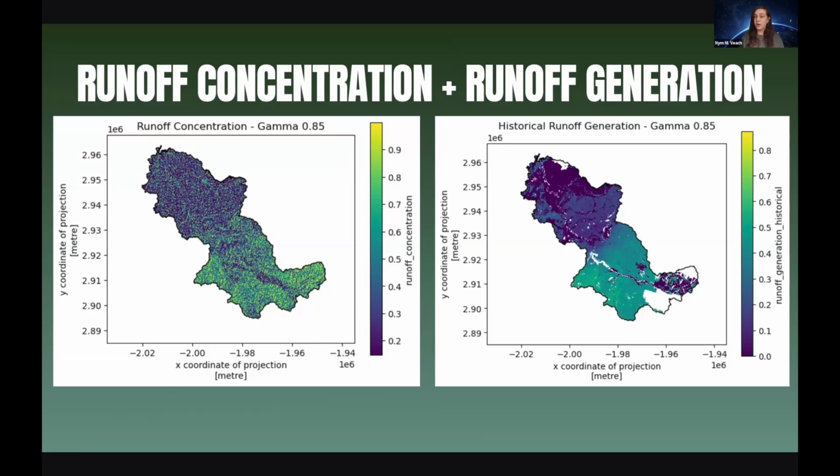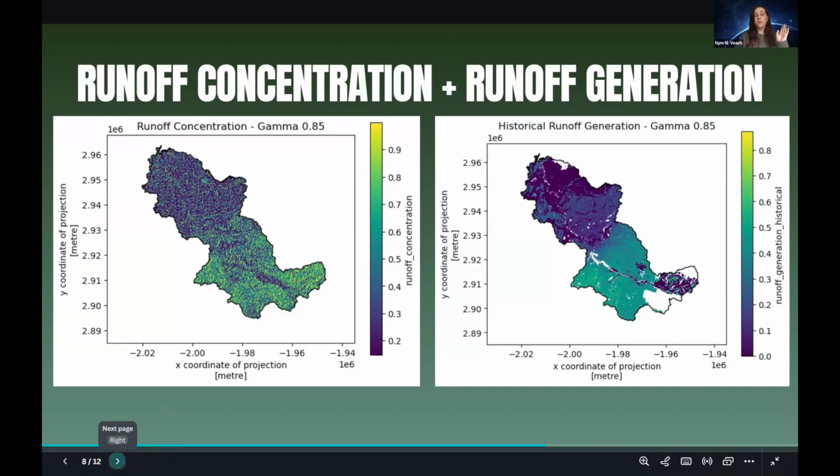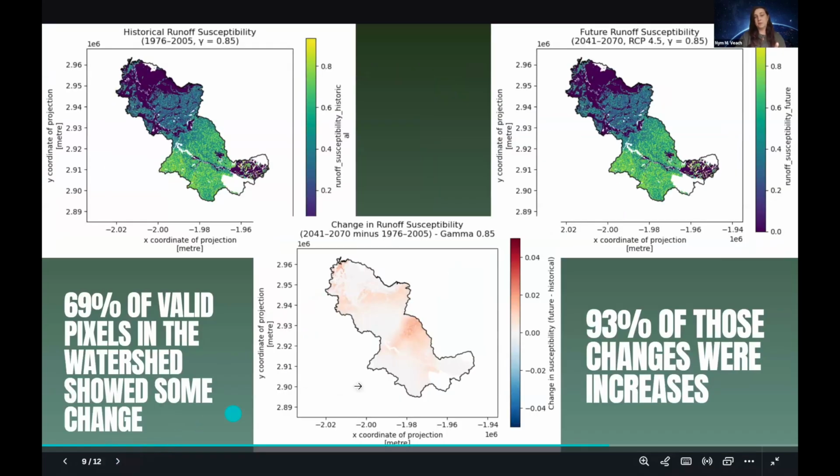Historical runoff generation combines the other landscape variables like soils and impervious surfaces with precipitation data. While still operating at the screening tool level, this is more closely related to the hydrologic processes that actually occur. So I modeled those separately before going into the final susceptibility models.